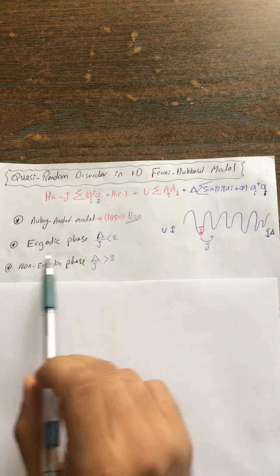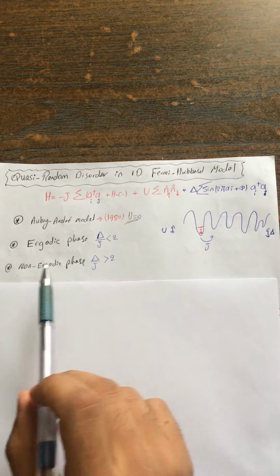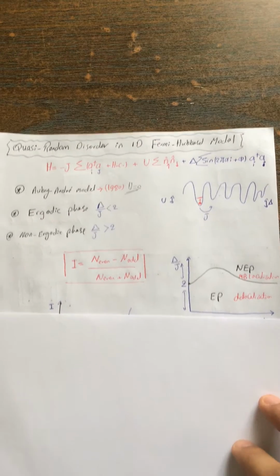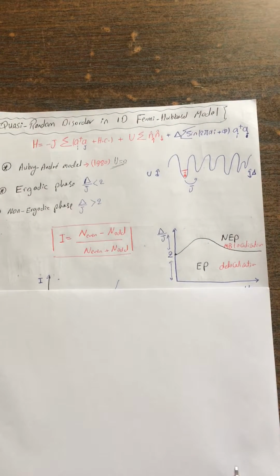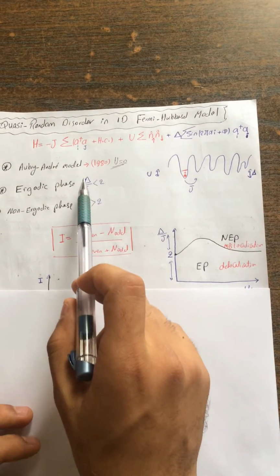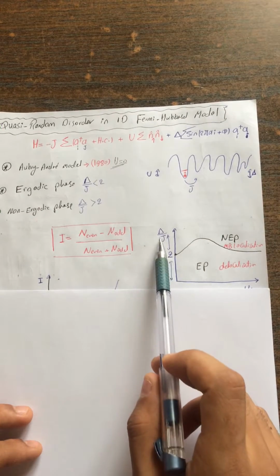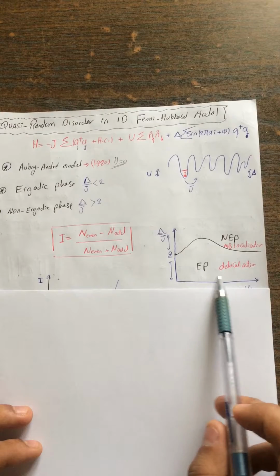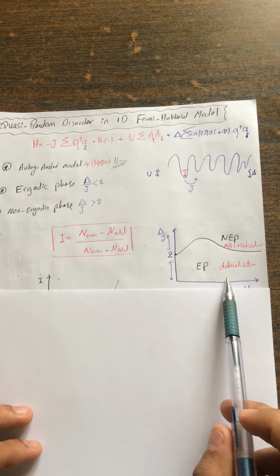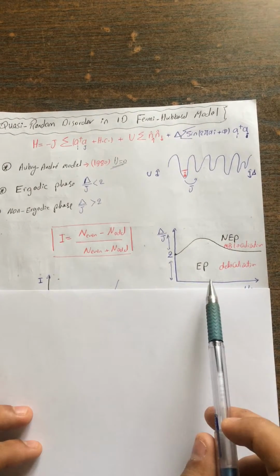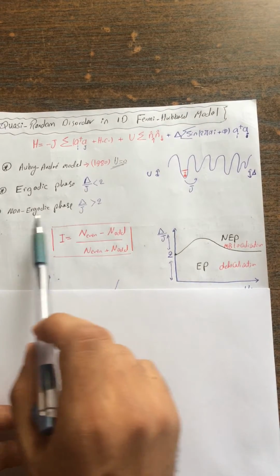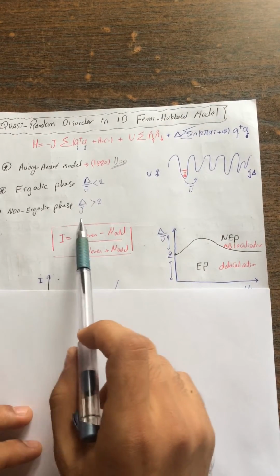Another phase we call the ergodic phase, and let's look at this here. We call it the ergodic phase because if the ratio of the disorder to the kinetic energy is less than 2, you can evolve the delocalized system. You can think about it for a moment. If it's larger than 2, that is the other phase, which we call the non-ergodic phase.